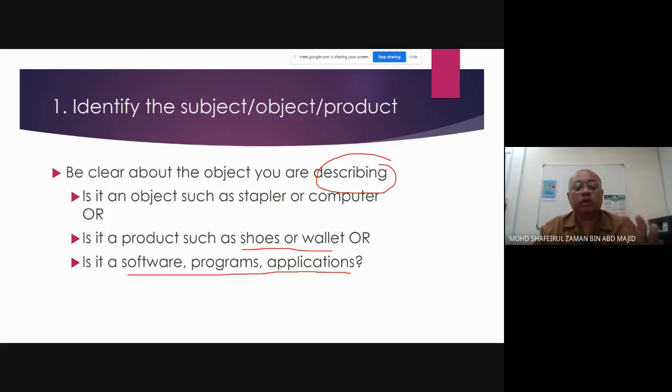You're not going to talk about the software and everything else, for example the applications, because that will be another type of product. So you are going to discuss only the product itself, not other things that come together with it, like the software or application that you can install inside the laptop.